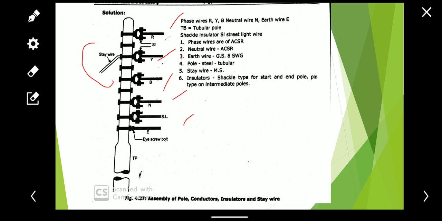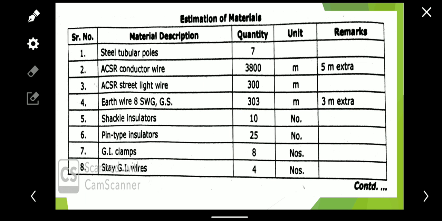So this RYB is the phase wire, E is the earthing wire. So this is the diagram for this, and material required: steel tabular pole 7, ACSR conductor wire is 3800 meter, 5 meter extra.